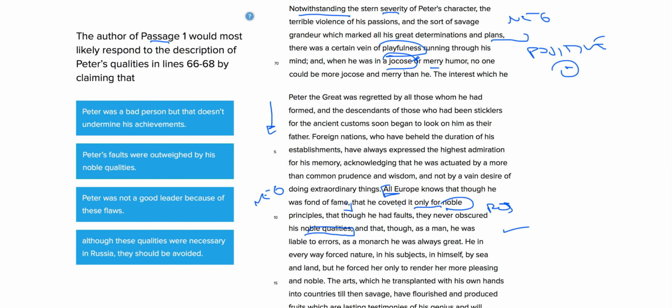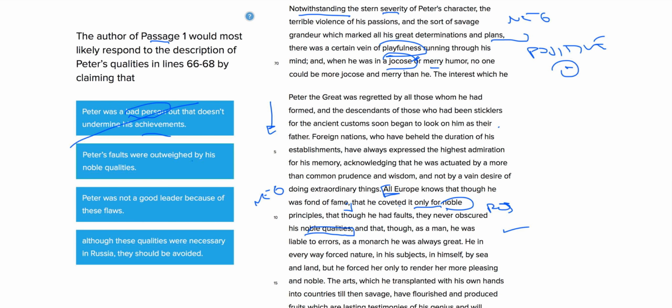So how would the author of passage 1 respond to this? There are negative parts about who this character is, but there are positive parts as well. He's a playful person. "Peter was a bad person, but that doesn't undermine his achievements." Well, being jocose, being merry, isn't necessarily an achievement, and we're going too far saying that he's a bad person. That's taking it a little bit too far, so we're going to get rid of that answer.